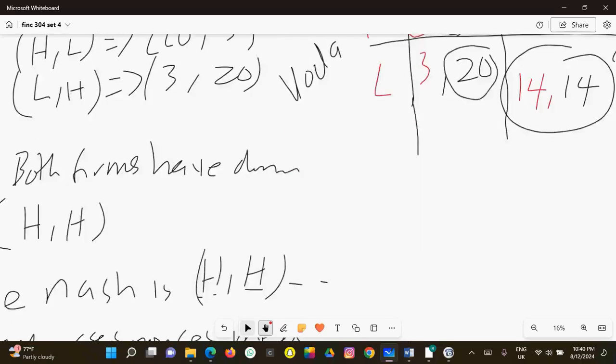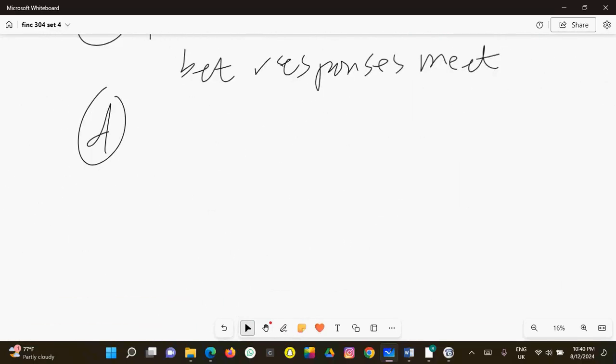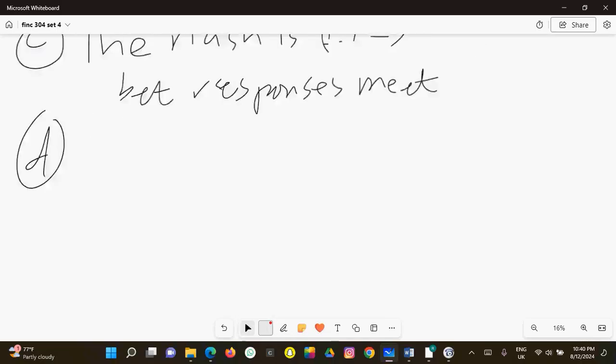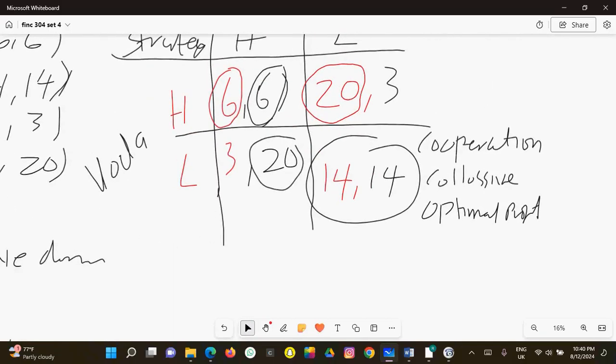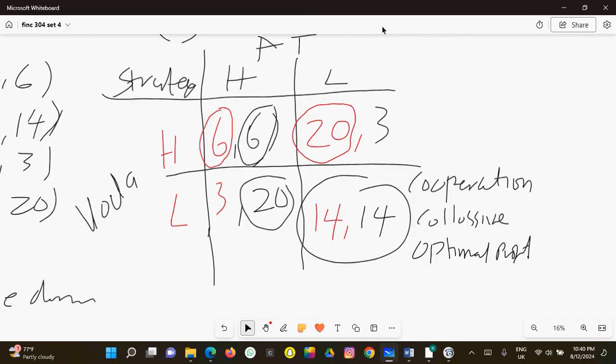Keep that in mind. So now let's solve for D. If they decide to come together and charge this price, this is what they are going to earn: 14 million each, right?